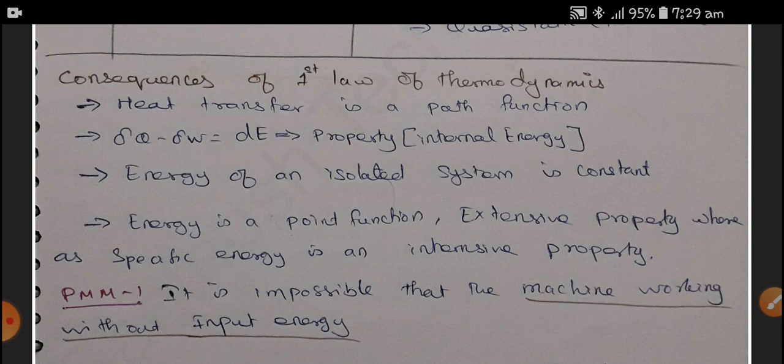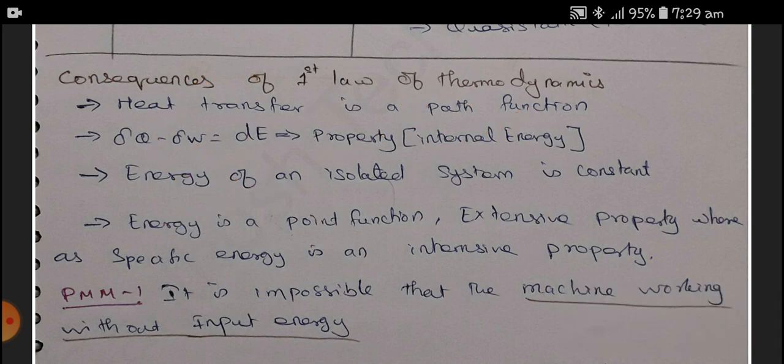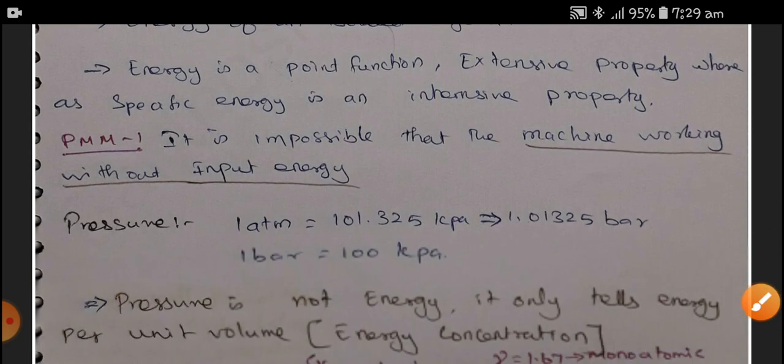The perpetual motion machine, PMM1, says it is impossible for a machine to work without input energy. So without input energy, any machine won't work. You have to know that. So when we convert, Q is equal to W, so the input is equal to W.